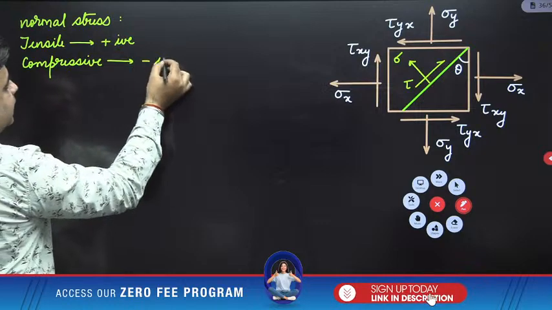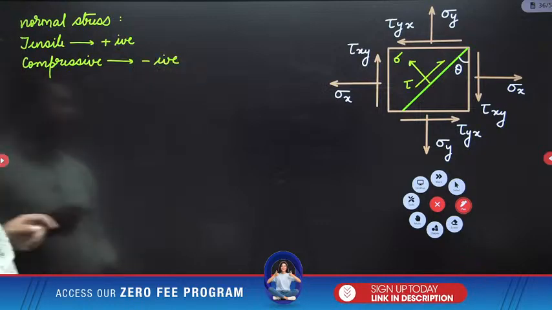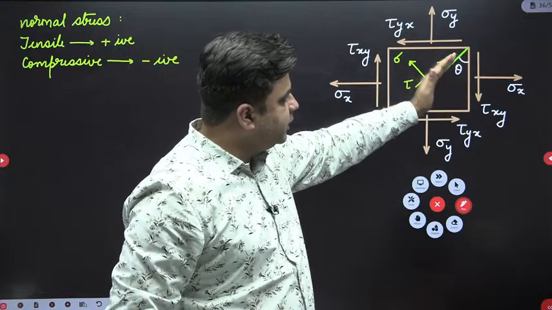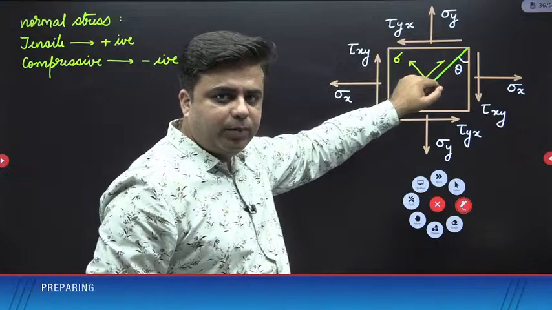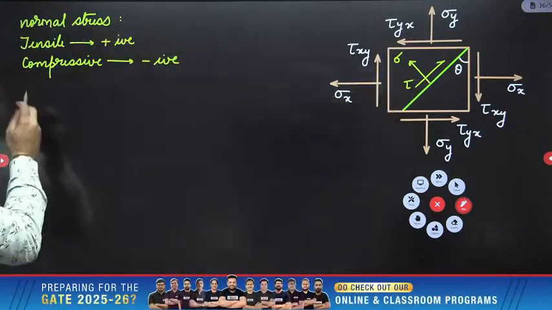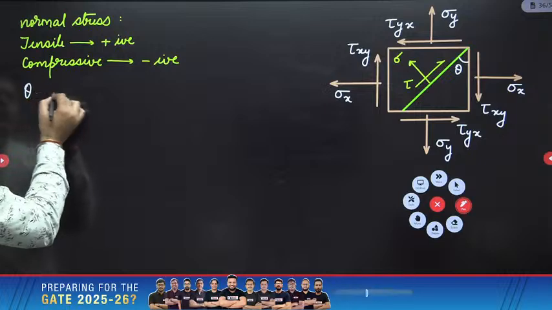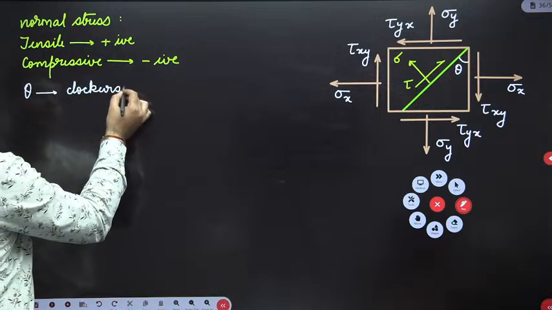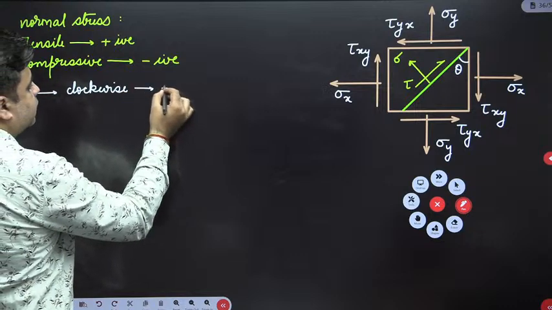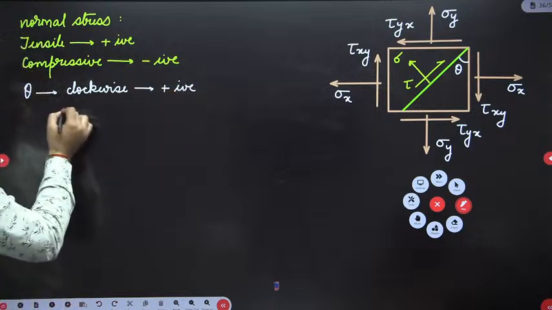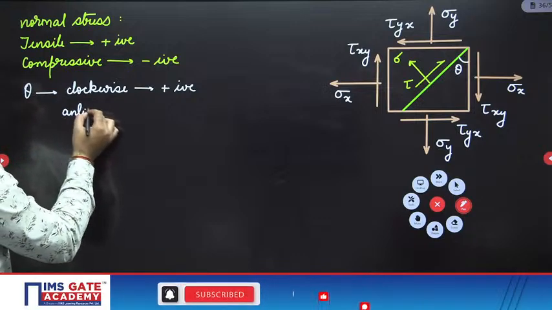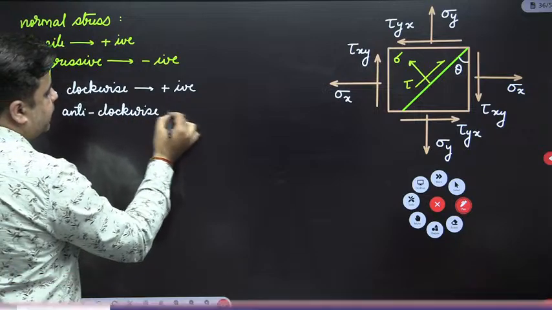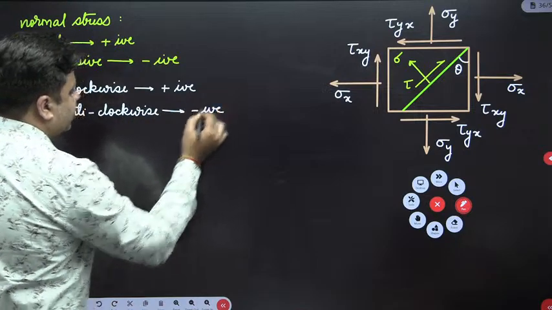Next, if this angle theta from the vertical is measured in the clockwise direction, then theta will be positive. And if it is anti-clockwise, it is negative, right?